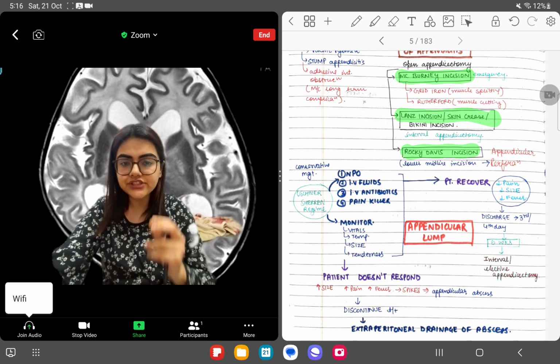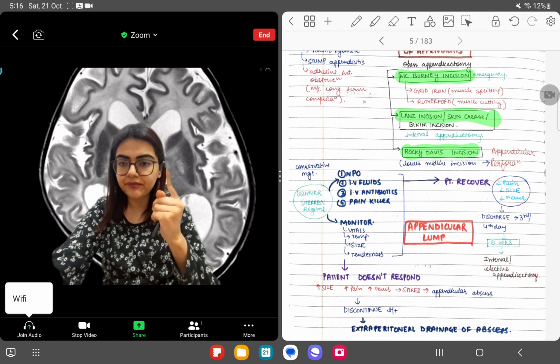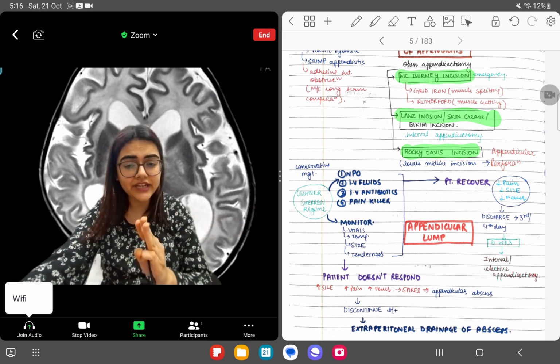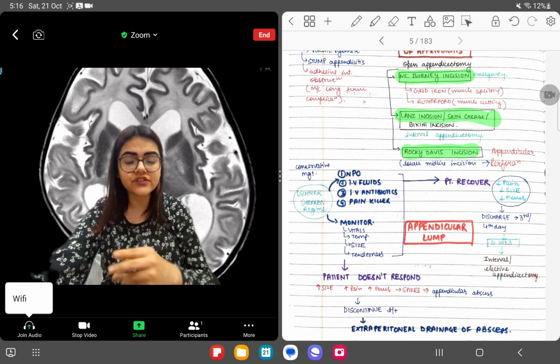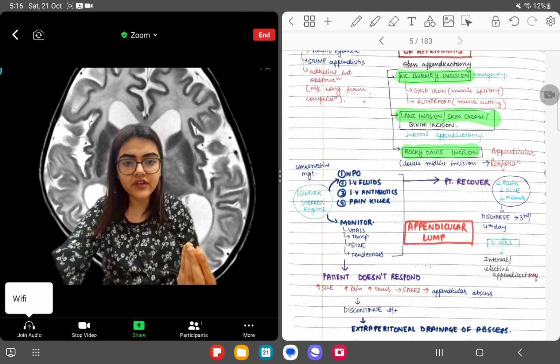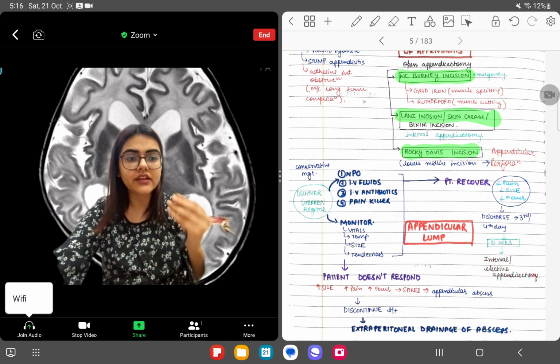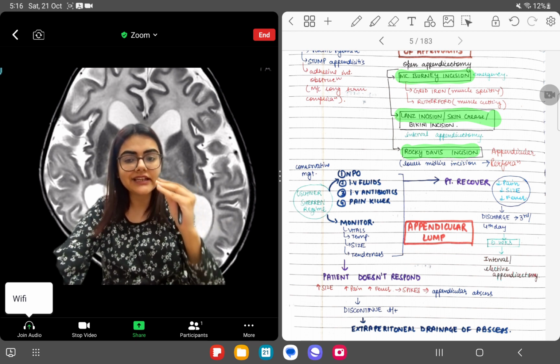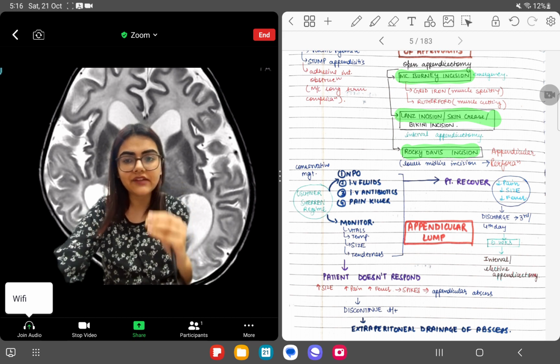And in Ochsner-Sherren regime, we make the patient nil per oral, we give IV fluids, we give IV antibiotics, and we give painkillers. So if the patient recovers after the Ochsner-Sherren regime, then the recovery signs will be the pain of appendicitis will decrease, the size of the lump will decrease, and fever will decrease.